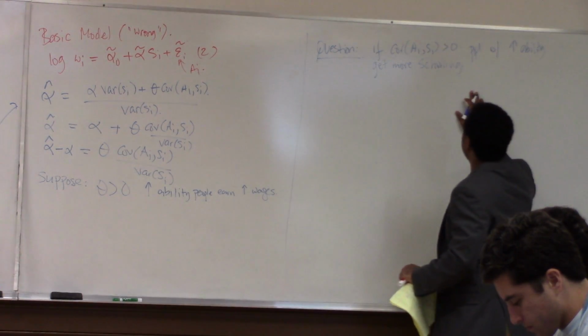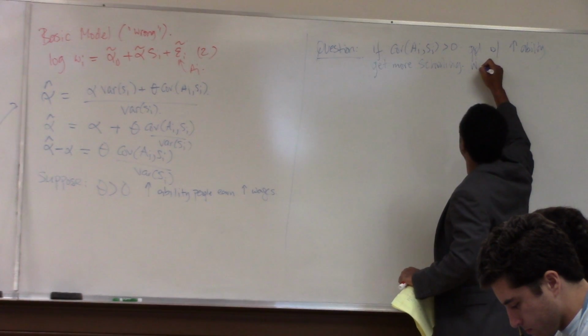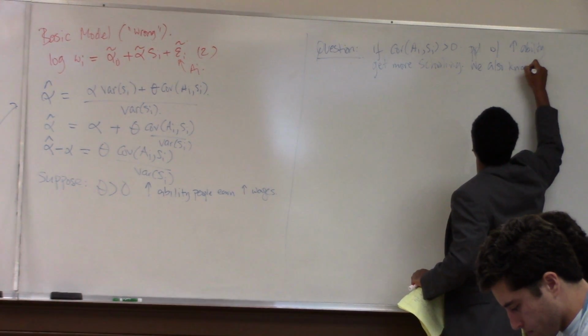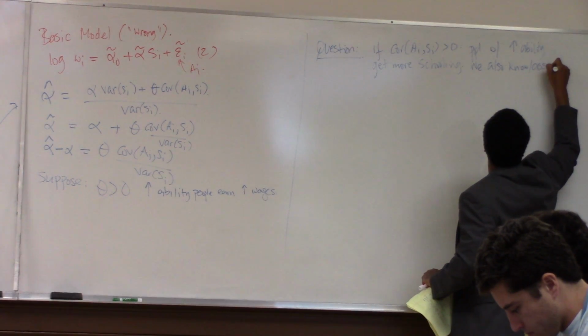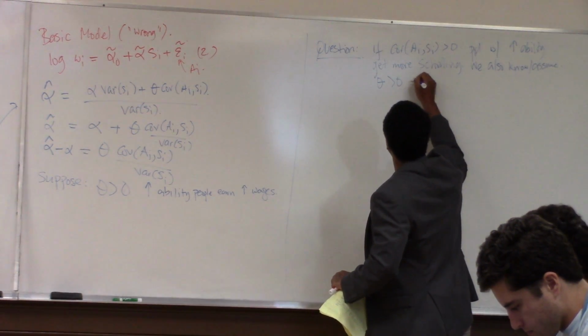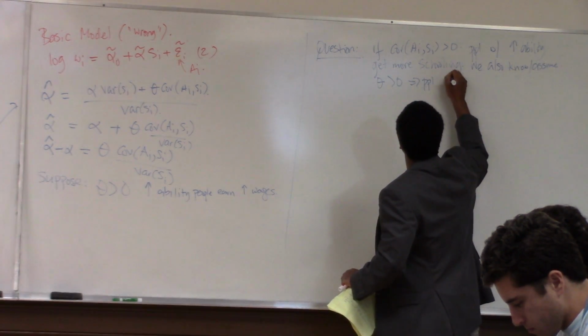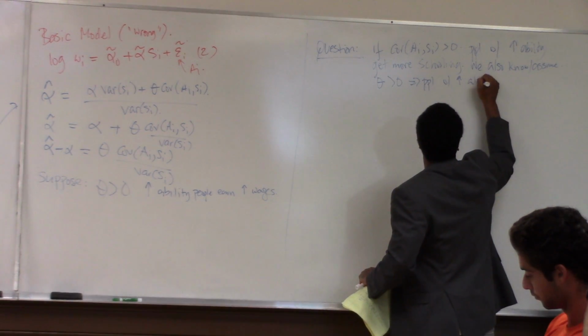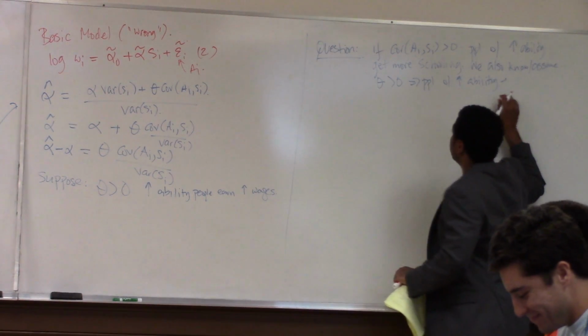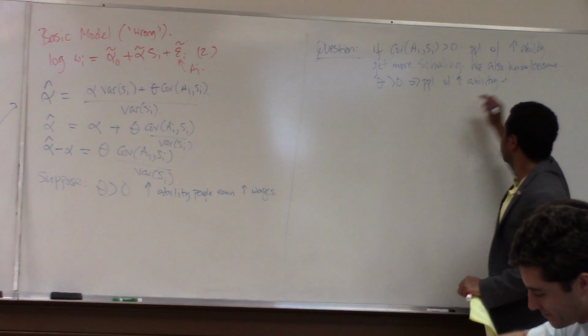So we can add another sentence: we also know, or let's say assume, that theta is greater than 0, which implies that people with higher ability earn more money, right?